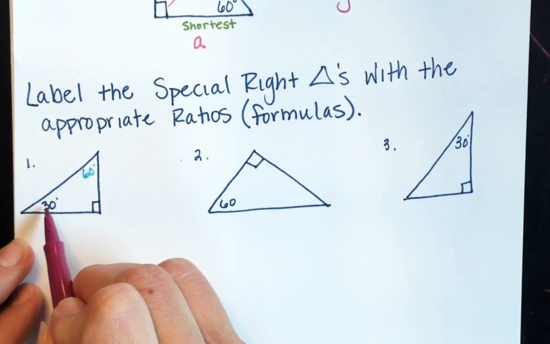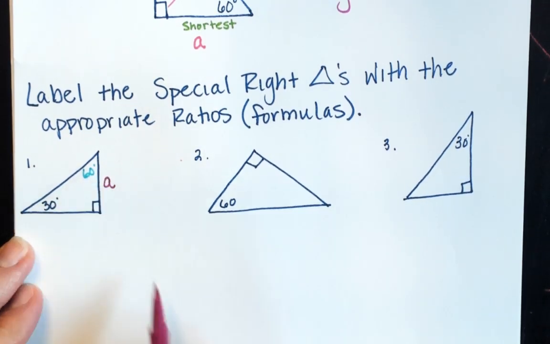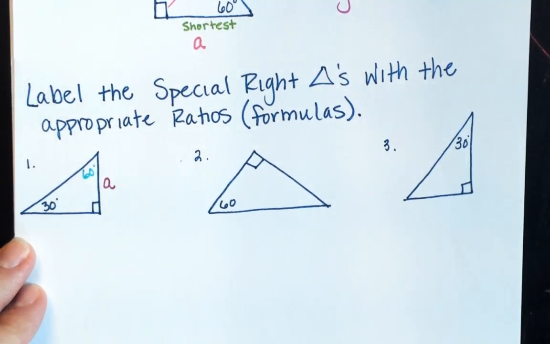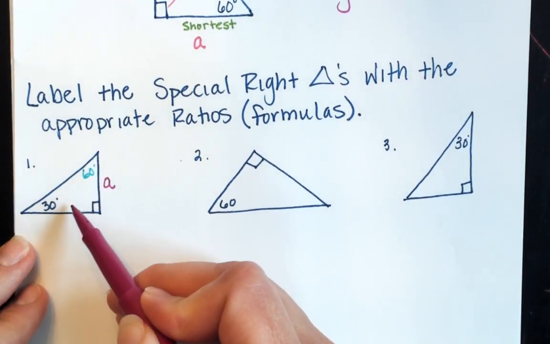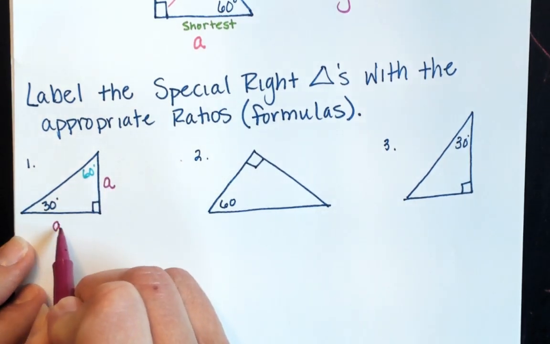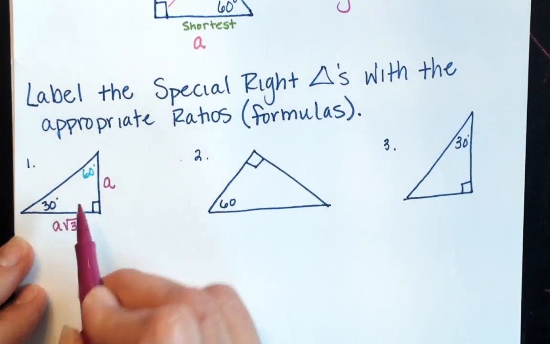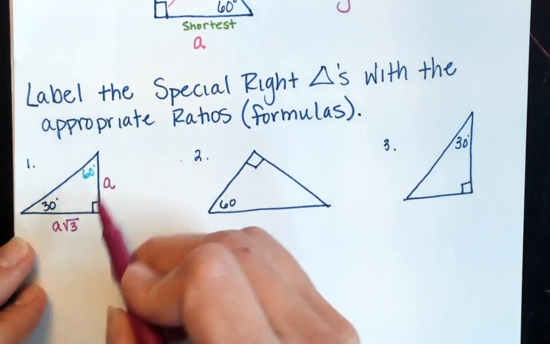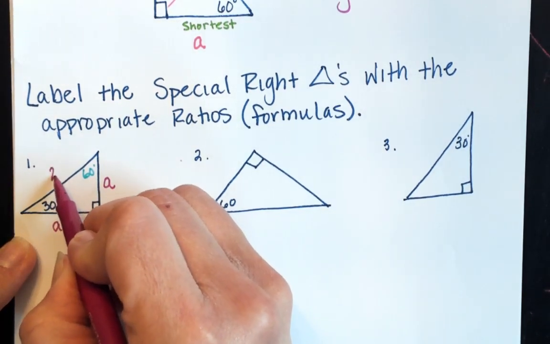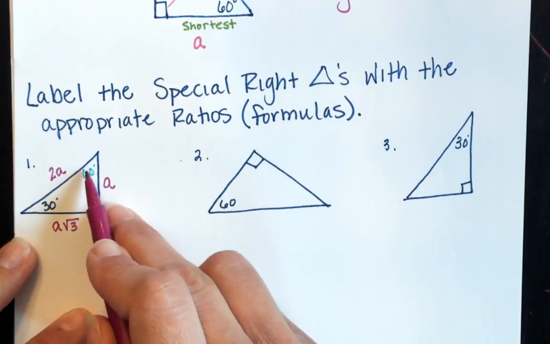I'm going to find the 30 and I'm going to go across from it and we're going to put A. Maybe Siona, you like S, so you use an S, or you like W for Wilson, use the W. Opposite the 60 is going to be whatever letter I chose times radical 3. So opposite the 60 is A radical 3. Opposite the 30 is A. Opposite our 90 is 2A. So every time I work with what's opposite.